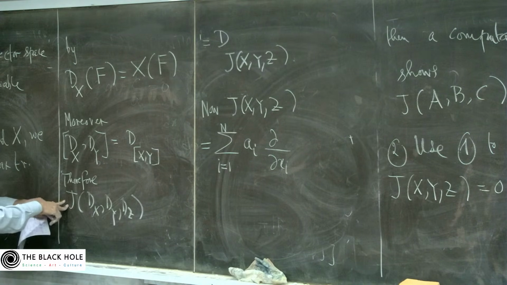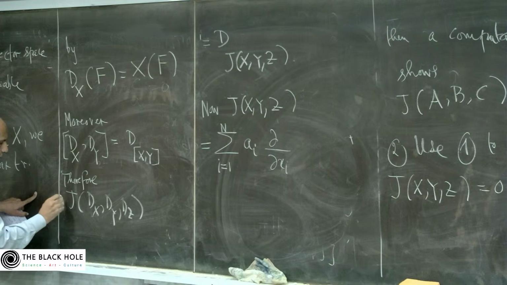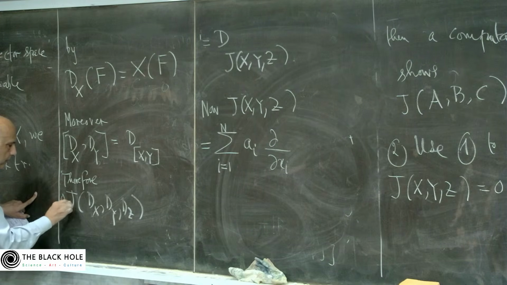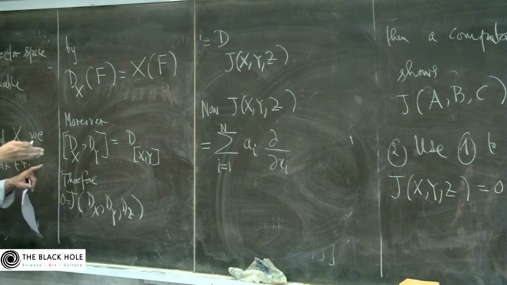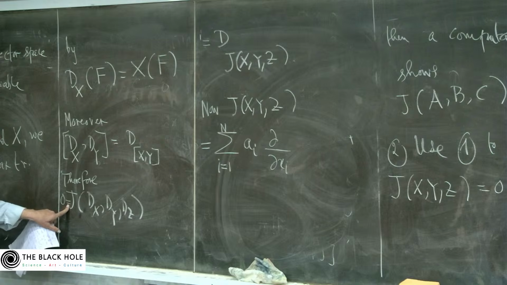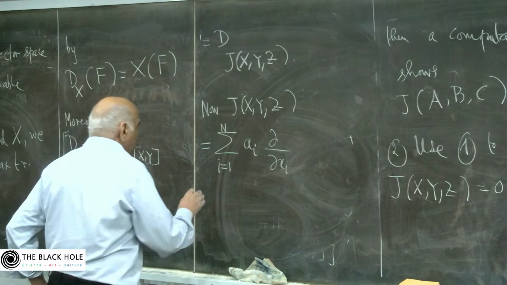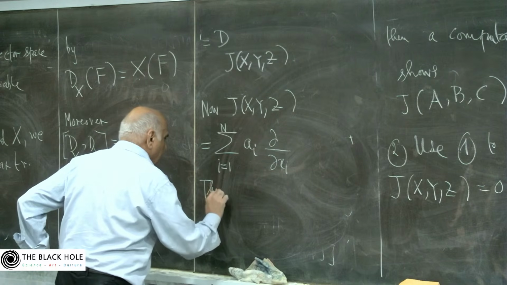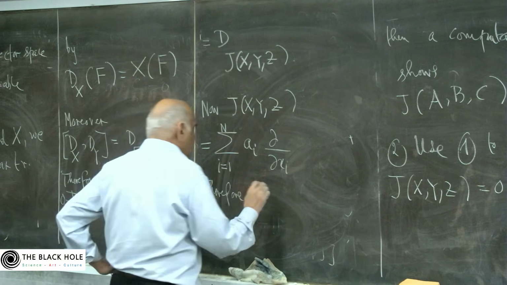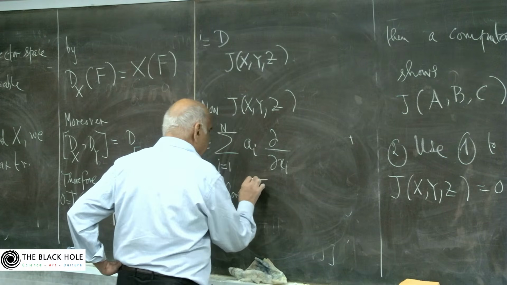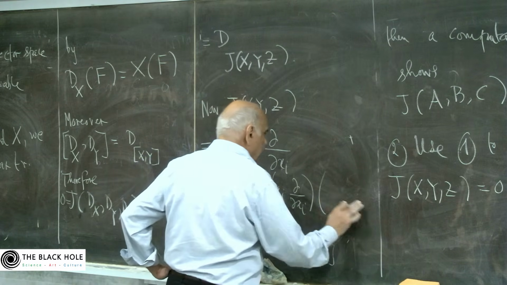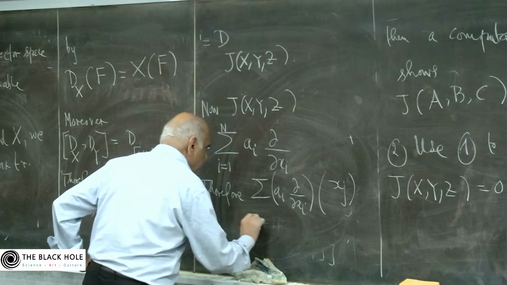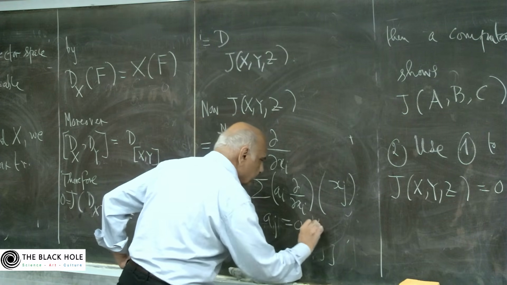And this one was, we just proved, what was it? dJ, this was equal to 0, right? Because I gave you the homework that when you take linear transformations, their triple product is always 0. So therefore J of xy, therefore sigma a_i d by dx_i evaluated at x_j is a_j, is equal to 0 for all j.